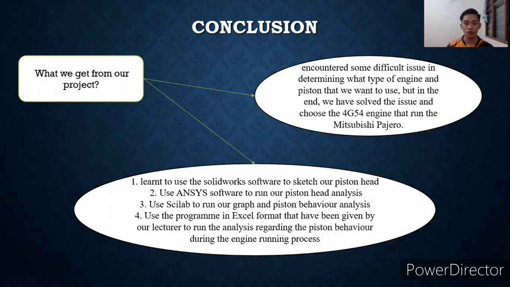And we learned to use the Ansys software to run our piston head analysis. We used Scilab to run our graph and piston behavior analysis. And lastly, we performed the program that has been given to us in Excel format to run the analysis regarding the piston behavior during the engine running process.